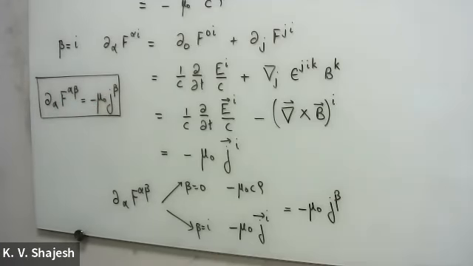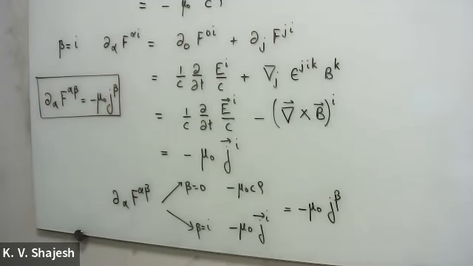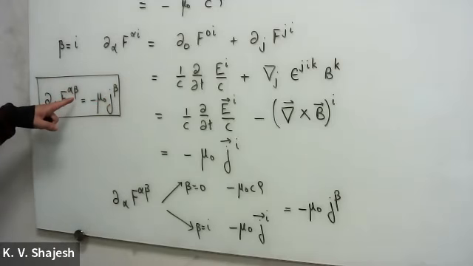This beta is a free index. A very compact form of writing two of the Maxwell's equations, the ones that have current and charge in them. The 0th component of this is one of the Maxwell's equations. Beta equal to I is the second Maxwell equation. One is scalar, one is vector. Okay, clear?